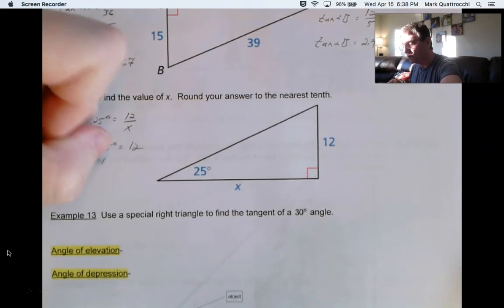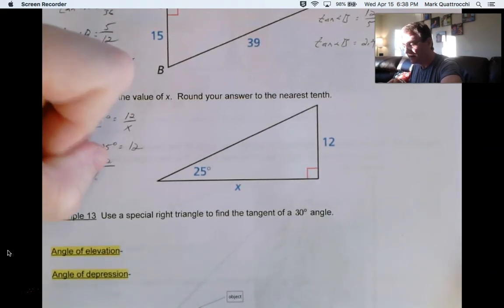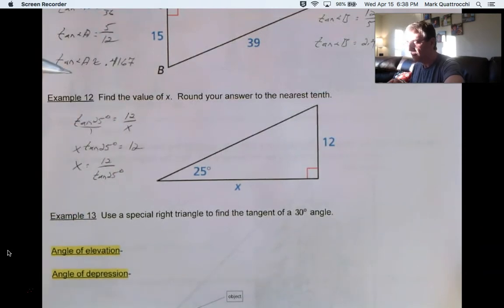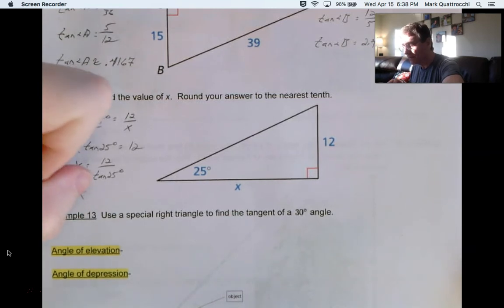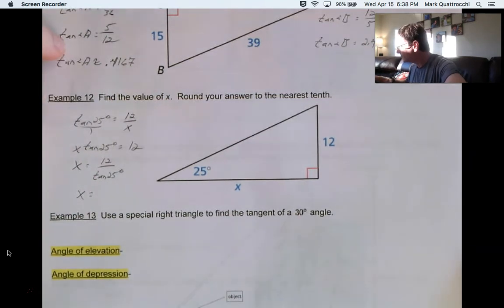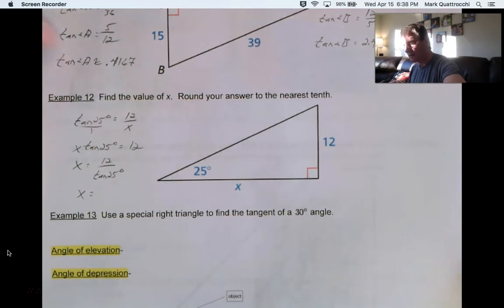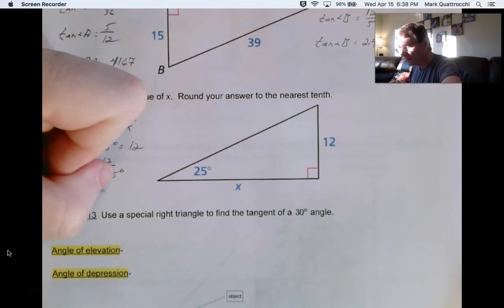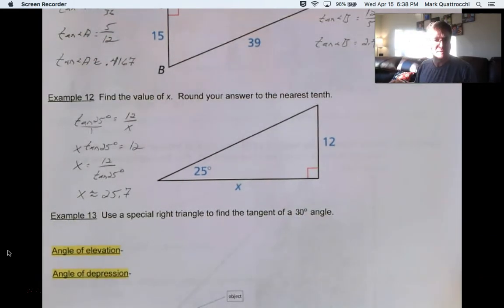X equals 12 over tan 25 degrees. We're going to round this to the nearest tenth. 12 divided by tangent of 25 is approximately equal to 25.7. That's the value of x.